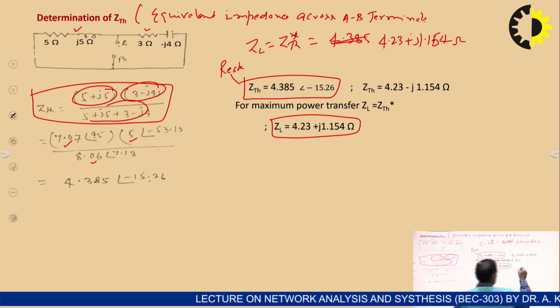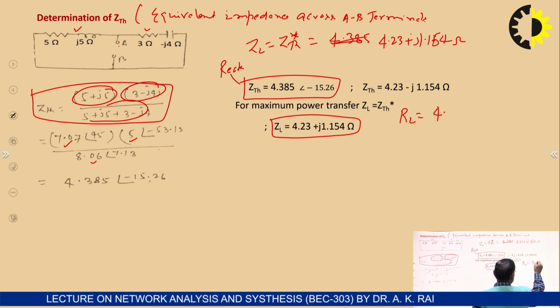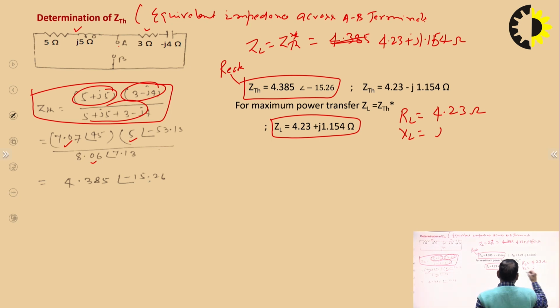So RL is 4.23 ohm, and XL is J 1.154 ohm. So this is the ZL. So the first part is completed.